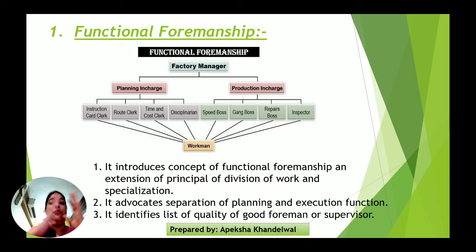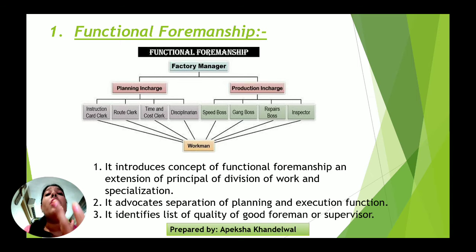He said that the factory or the organization in which the work is done is divided into 2 parts. One is the planning in charge and the other is the production in charge. He said that giving all the responsibility to a sole worker is not possible, so let the worker concentrate only on one field, and that is production.